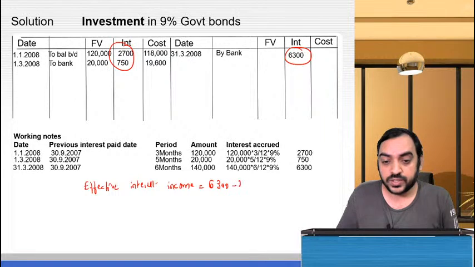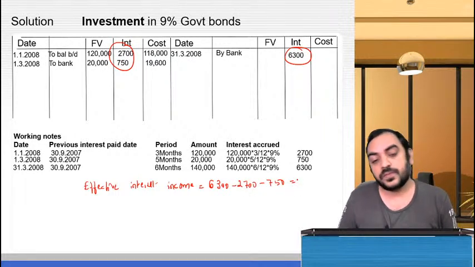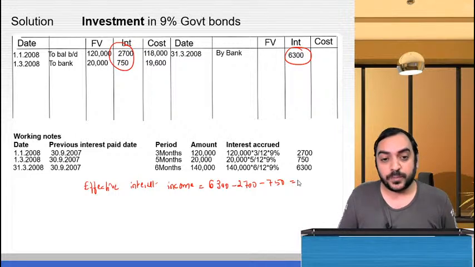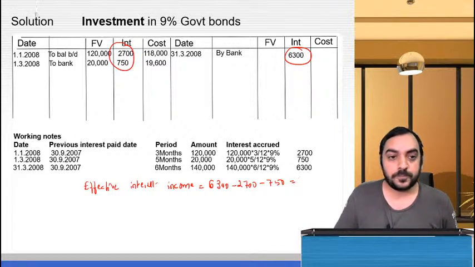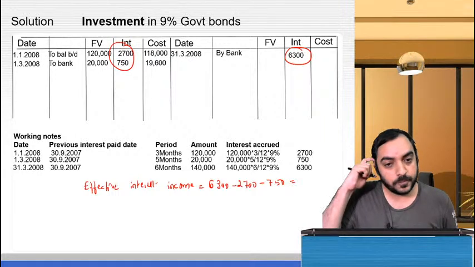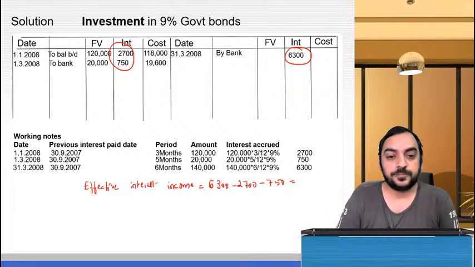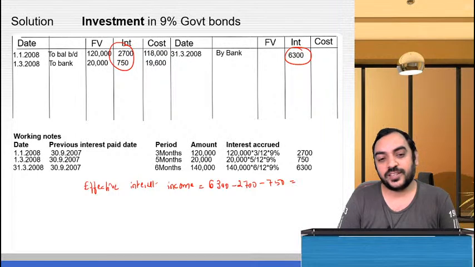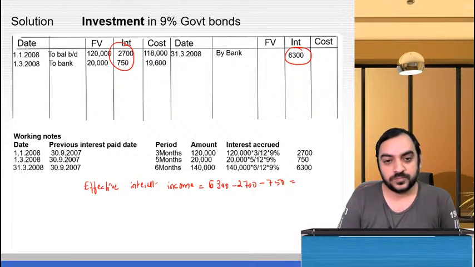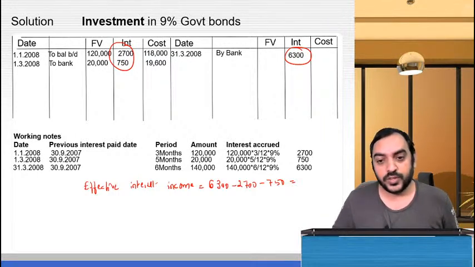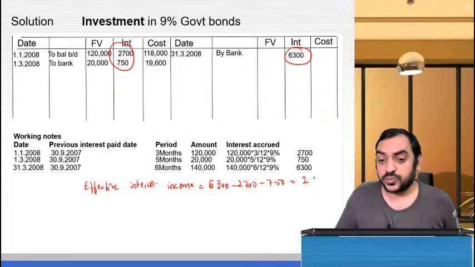How much is the effective interest income? You get 2850. Okay, this is what goes to P&L account. This is what you received effectively.